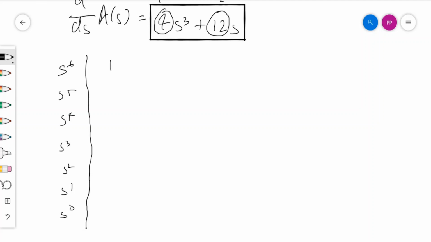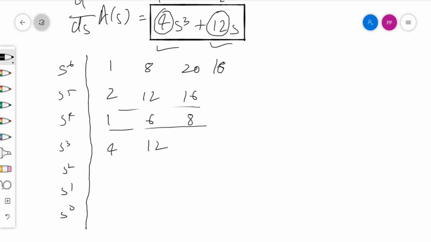We write again 1, 2, 8, 12, 20, 16 and 8, and 16 over here. So s4 has become 1, 6 and 8. Then these coefficients 4 and 12 will come here, replacing the zeros. So this is the row for the auxiliary equation, and this is the replacement for 0.